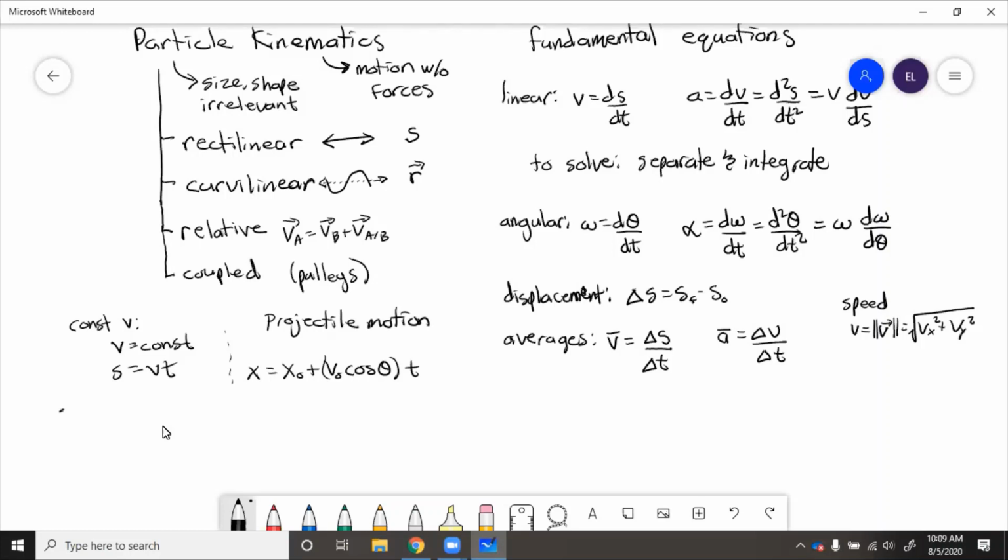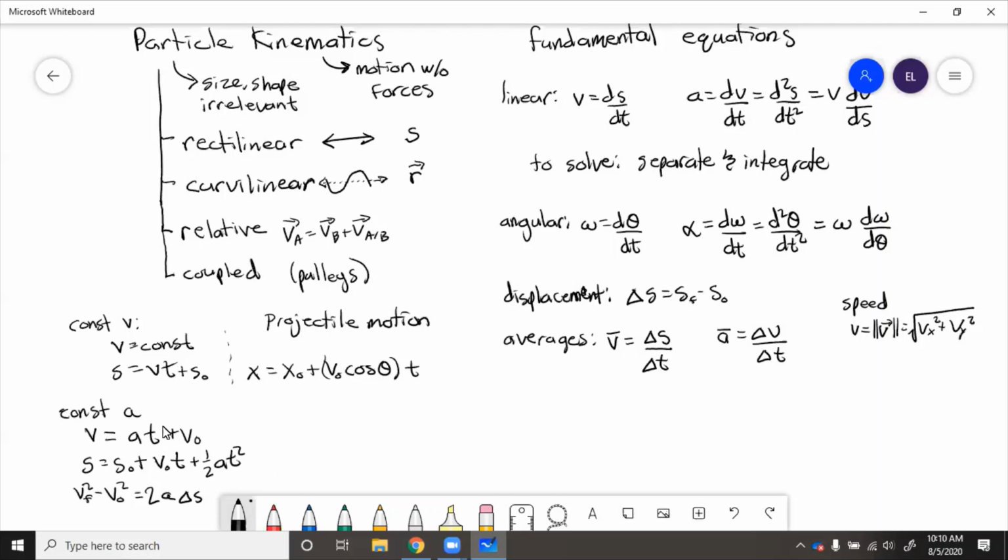And then for constant acceleration, we have v equals v initial plus a t, and s equals s initial plus v initial t plus 1/2 a t squared, and v final squared minus v initial squared equals 2a delta s.